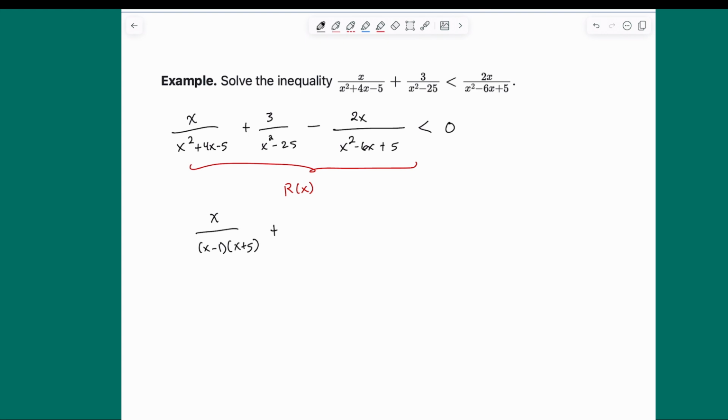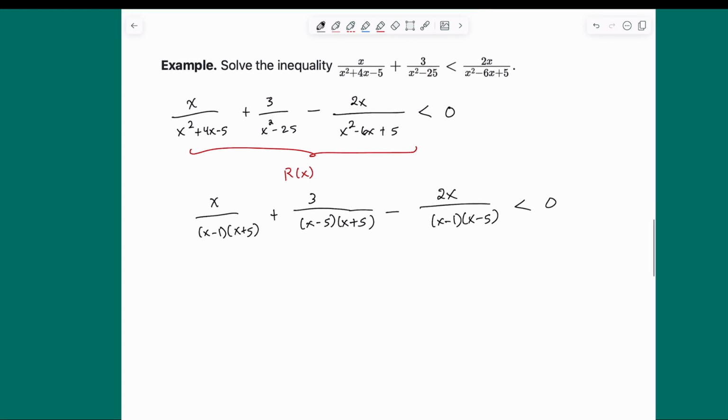And then 3 over, well, we had x squared minus 25, that's a difference of squares, so that's x minus 5 times x plus 5. And minus 2x over x squared minus 6x plus 5, but that factors as x minus 1 times x minus 5, less than 0.